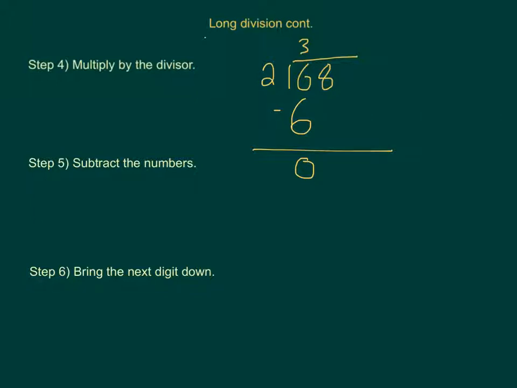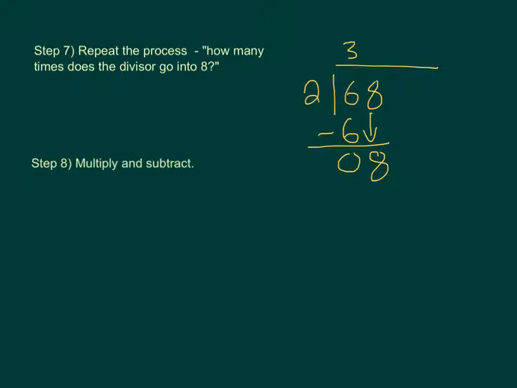Now we have to bring the next digit down. So we're going to bring our 8 down, which leads us to our next step. In step 7, we're just repeating the process we just did. How many times does the divisor 2 go into 8? Because it's the next number down. We know that 2 goes into 8 4 times. Then we multiply and subtract again.